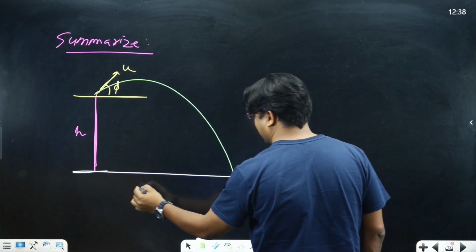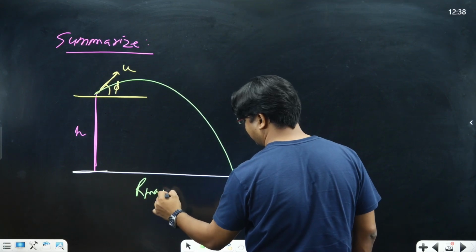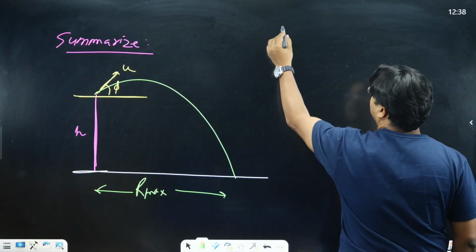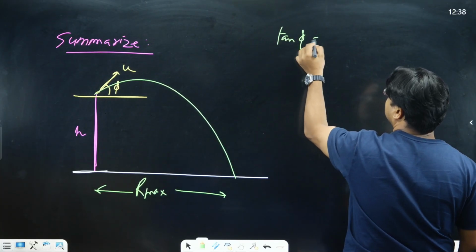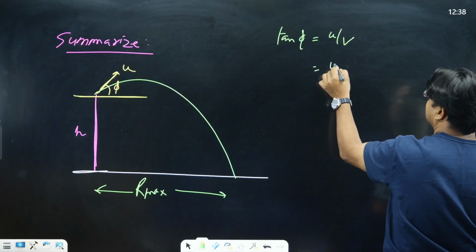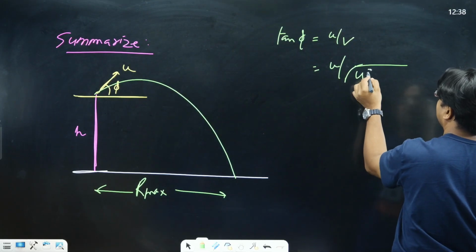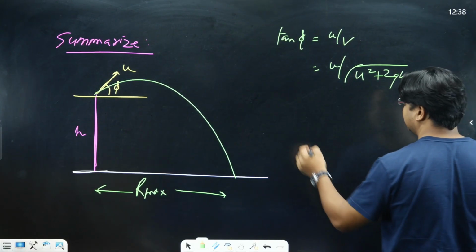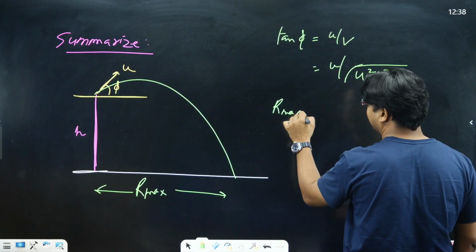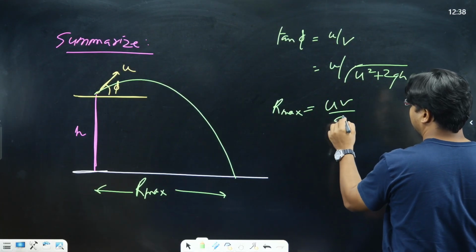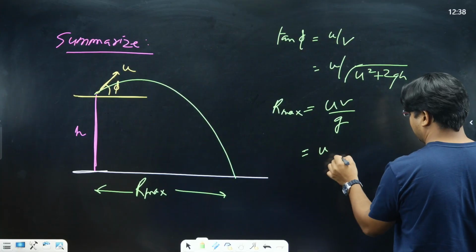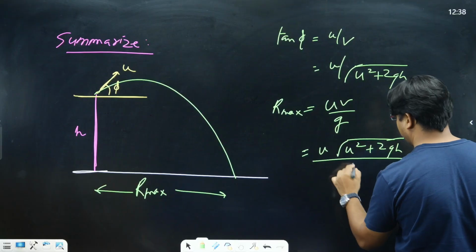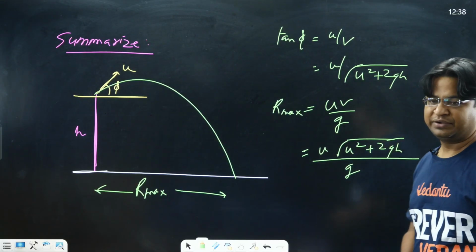It travels like this, and this distance should become the maximum. Then tan phi has to be chosen like this. We have to choose a value of phi which matches with this equation, and when we do that, we will find r max as uv by g, that is u into root of u square plus 2gh by g. So this is what we are going to find.